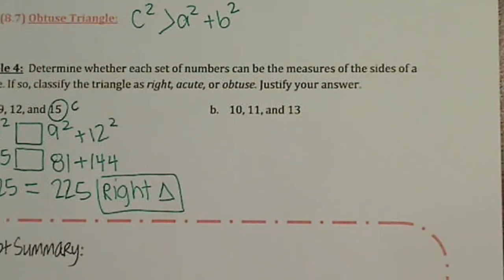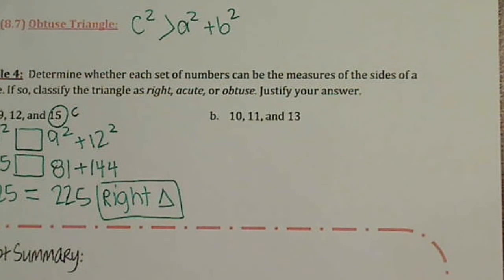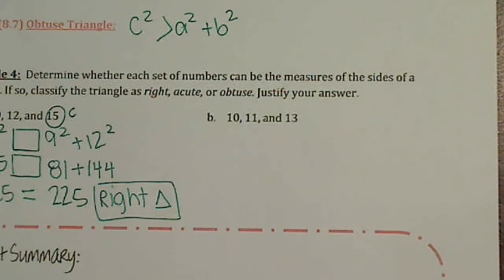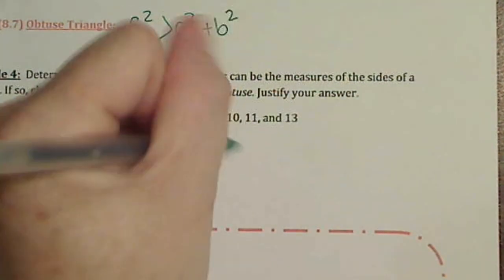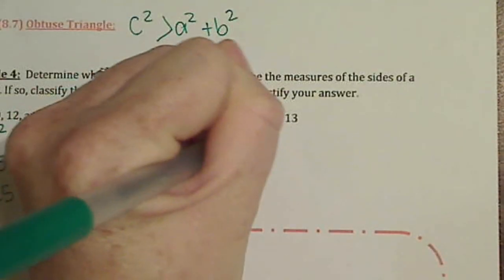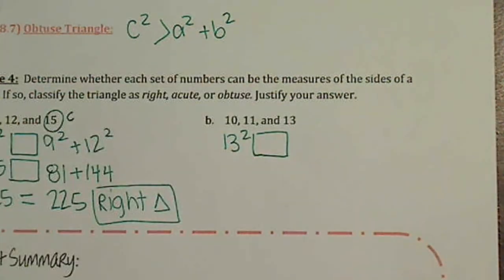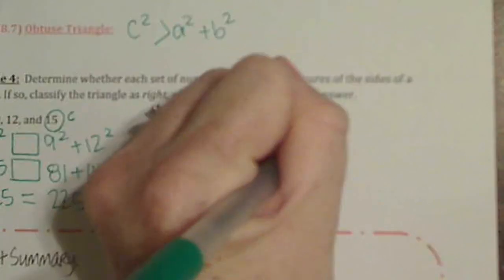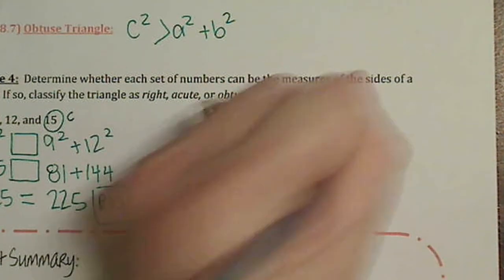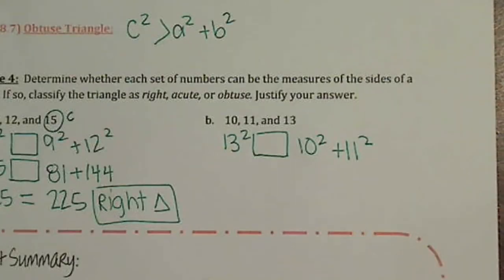Letter B, let's try this one. c squared, what number is it? 10, 11, or 13? 13, very good. We don't know if it's equal to, greater than, or less than. Okay, let's simplify that.